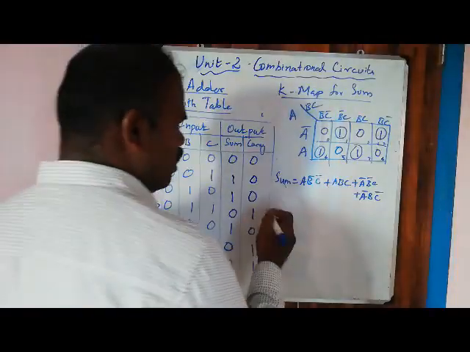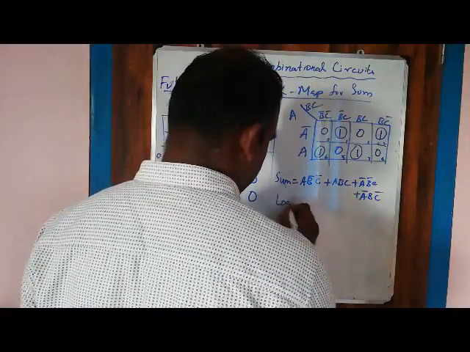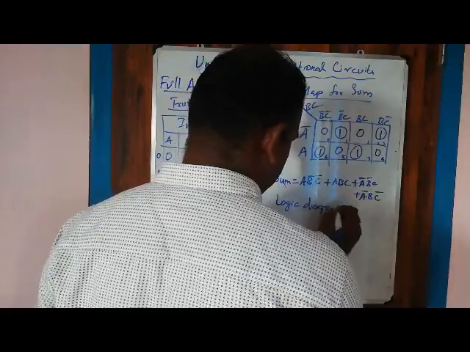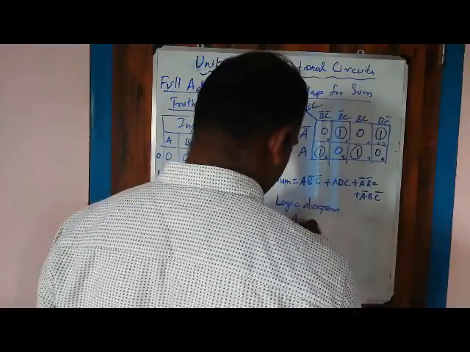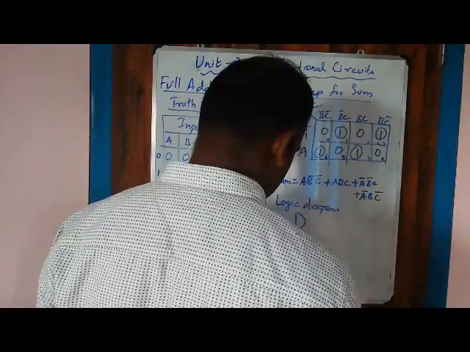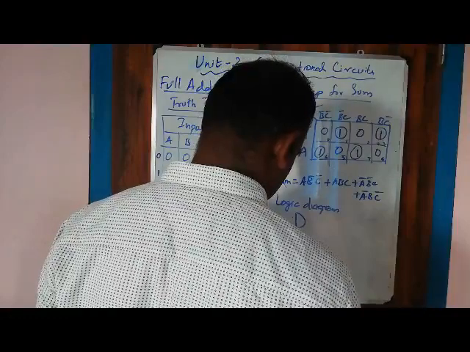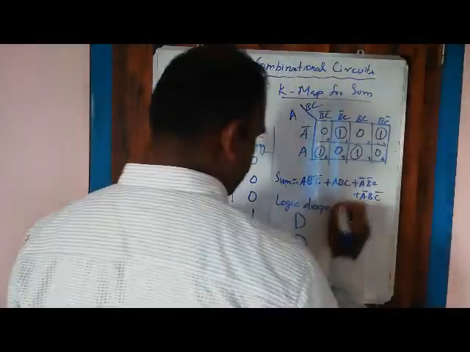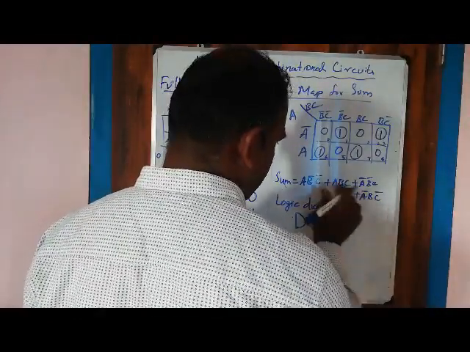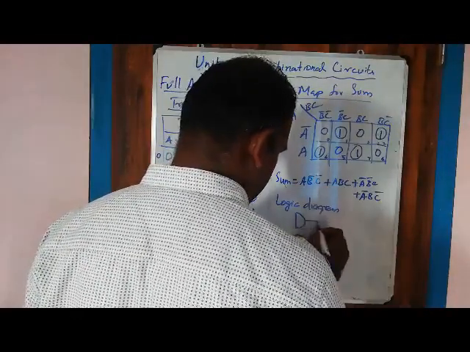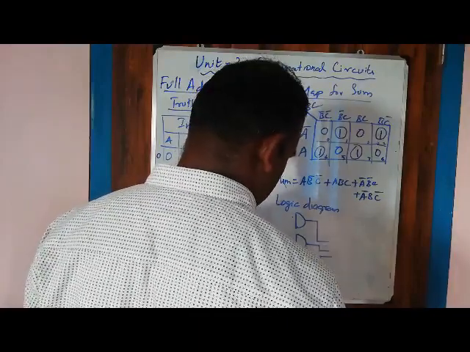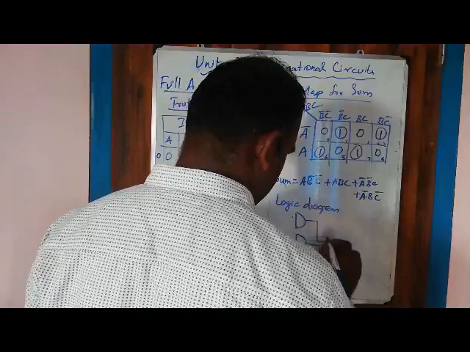And the logic diagram for this sum: we put 4 AND gates, and for addition of all the product terms we put one OR gate.